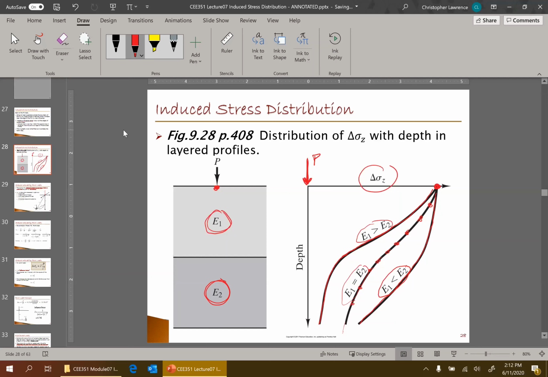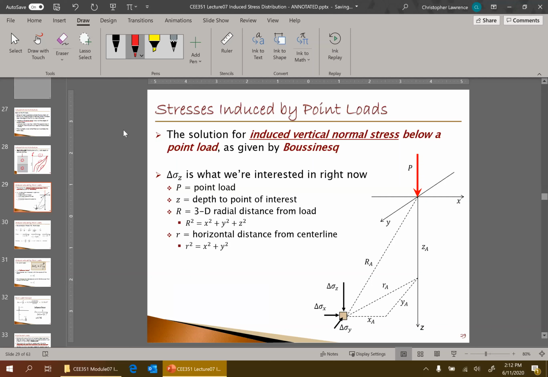Boussinesq took this and developed our theory, considering, first of all, just a point load. If we put a point load somewhere on a soil mass, and then we go some depth down, what is the depth to point A, and the lateral distance away from the center line to point A?